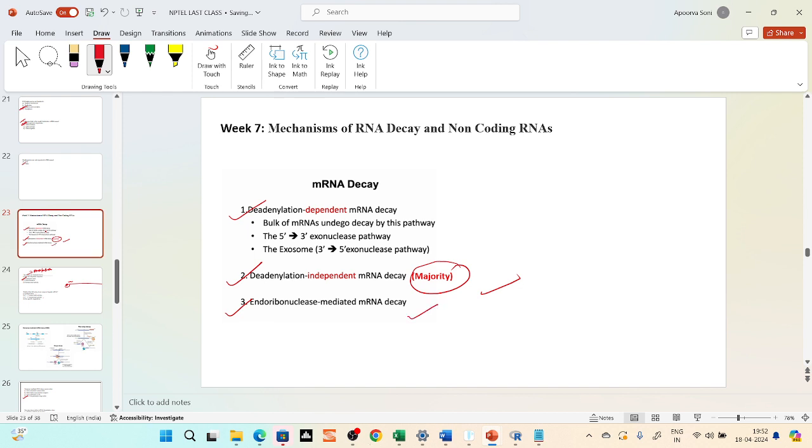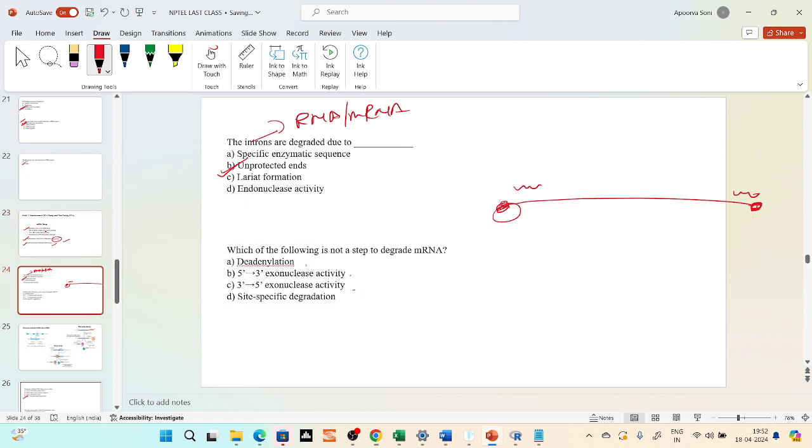Deadenylation dependent decay takes place. Here you can have 5' to 3' exonuclease, 3' to 5' exonuclease, and deadenylation independent events. So from here we can say that site specific degradation is a little difficult. Why? In exceptions, this can also happen.